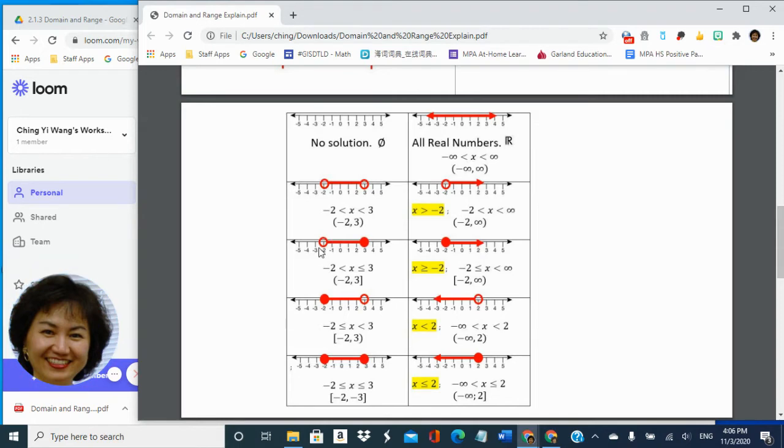Is it an open circle like this, or is it a solid circle like this? That is very important.